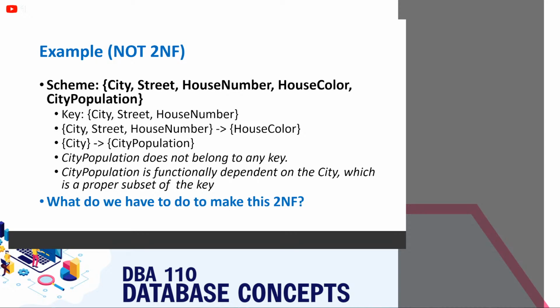So if we built another table, and we took city population out of this table, and in that table we put city, because we need that city column to be the relational point so that we can relate this particular table to that table. We take city and we take city population.